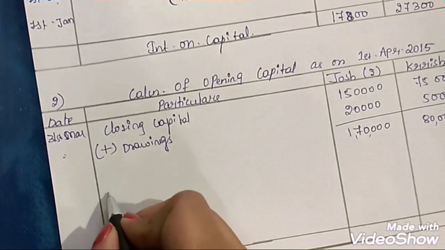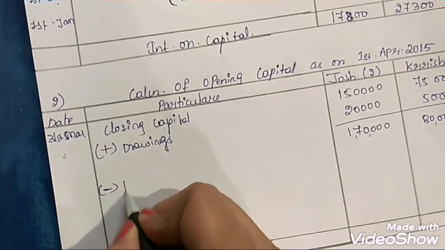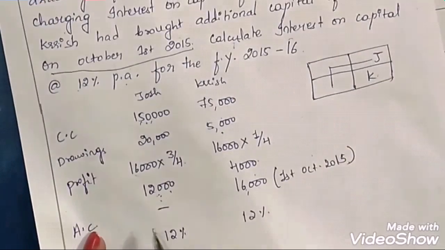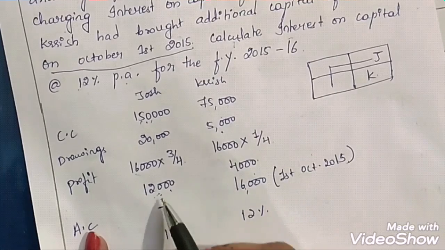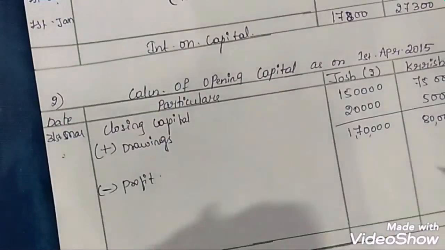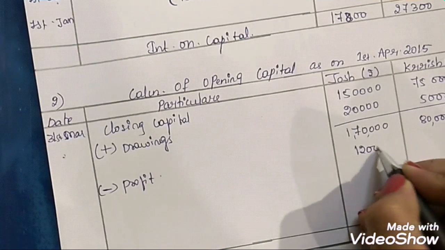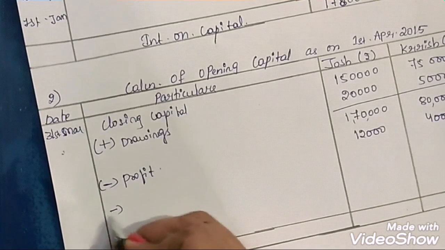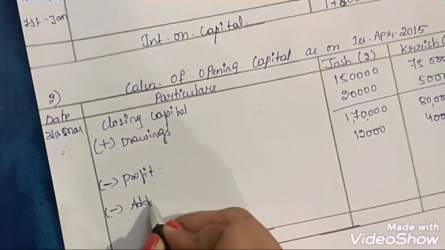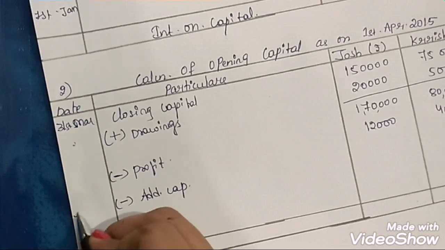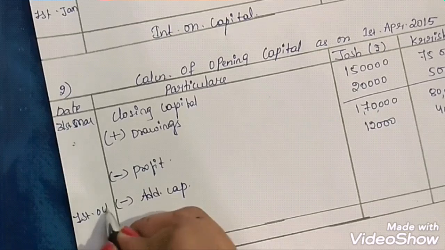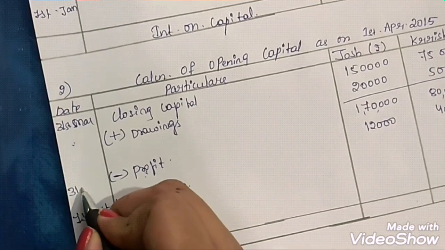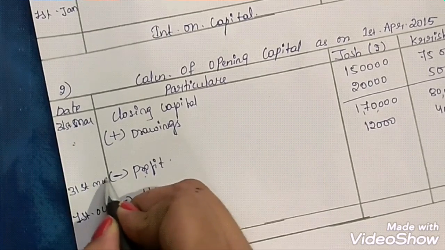Okay, next, we have to deduct the profit of the partners. Now we have calculated the profit, so we can deduct it, rupees 12,000 and rupees 4,000. Again we have to deduct the additional capital. Now the date for additional capital is 1st of October, and profit will be at the end of the year, so 31st March.